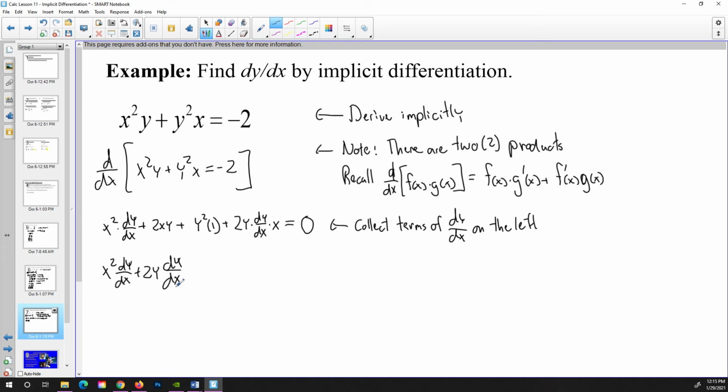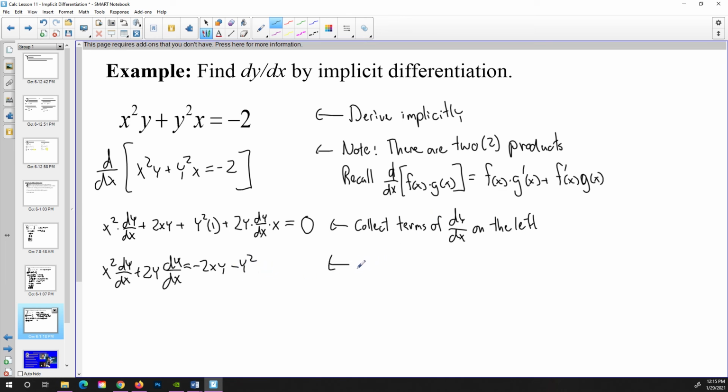And then I'm going to move everything else to the other side. So since it's a plus, when I move this 2xy to the other side, it becomes negative 2xy. And when I have a plus here, so when I move this y squared, because y squared times 1 is just going to be y squared, to the other side, it also becomes negative y squared.